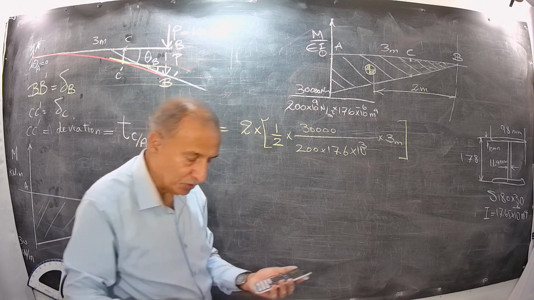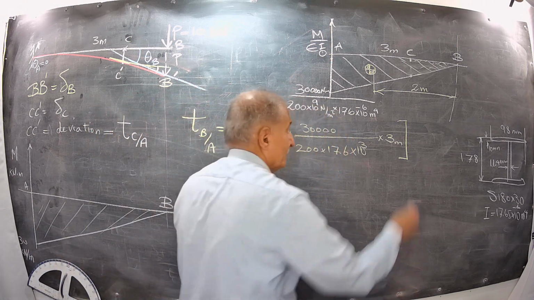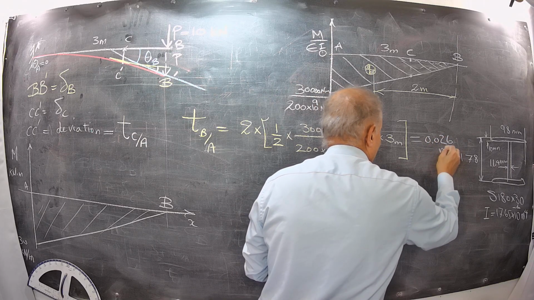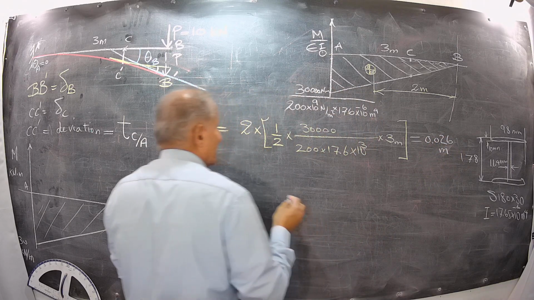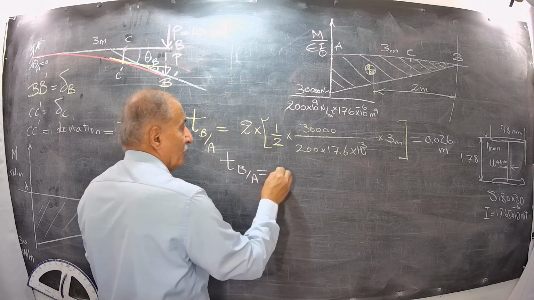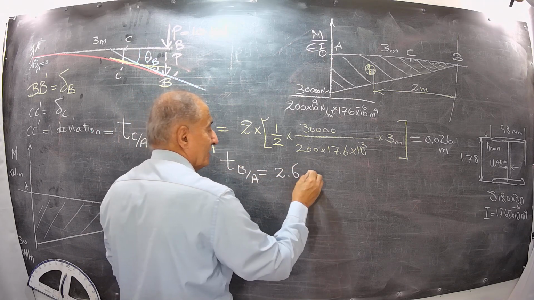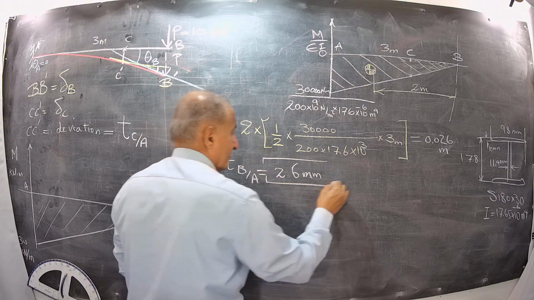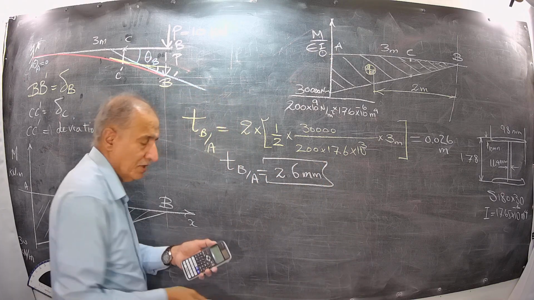It is 0.026 meter, or TBA is equal to 26 mm, about an inch.